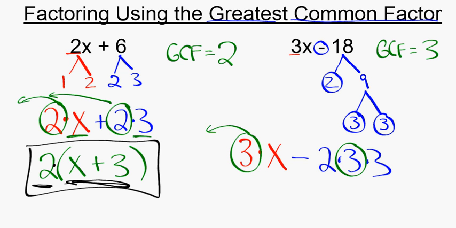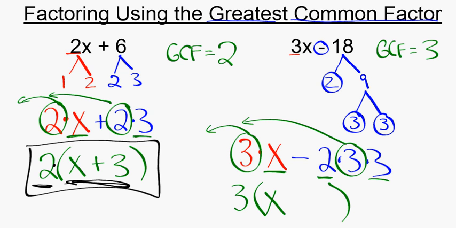So that's what I'm going to take out of each term and put out in front of our parentheses, and I'll write down what's remaining. In the first term, we have an x remaining. In the second term, we have a 2 and a 3. So 2 times 3 multiply. I'm not going to circle so we don't get confused, but I'm multiplying 2 times 3, which gives us 6.